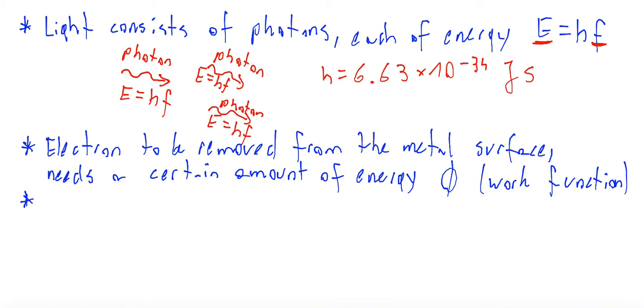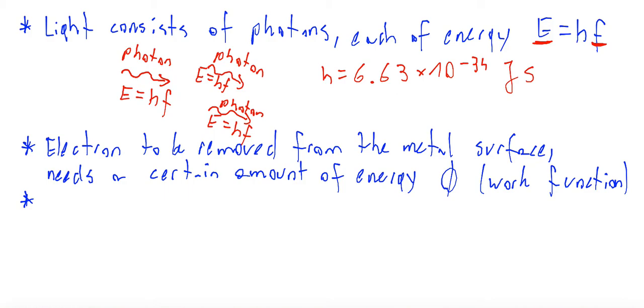And what is important here is that one photon can remove only one electron. There is no accumulation of energy. An electron cannot wait for 5, 10, 15 photons and absorb the energy of 15 photons to be removed. This is a one-to-one interaction.